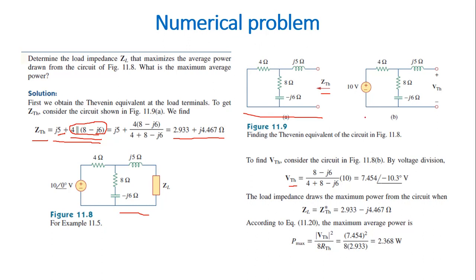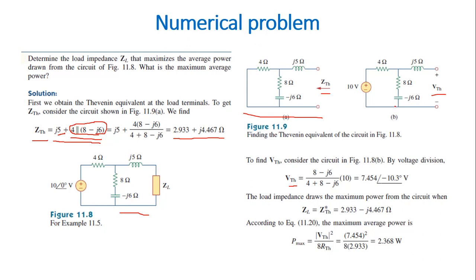Next we can find the value of Thevenin's voltage. Let us open circuit this ZL and find V Thevenin. How can we find V Thevenin? The voltage across this terminal will be the same as the voltage across this 8 minus j6 ohm.